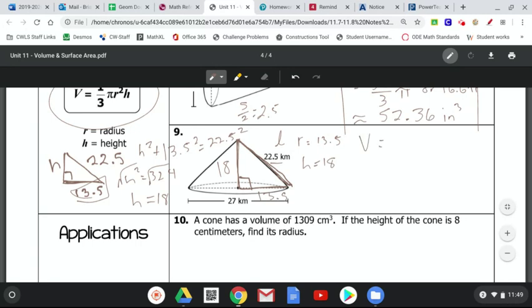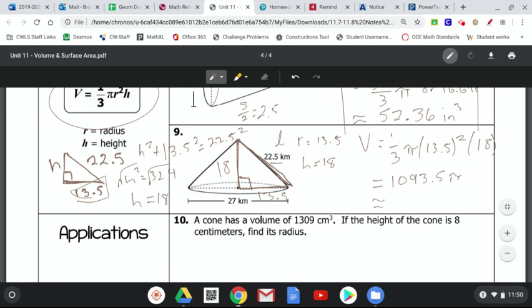Plug in our volume formula, which is 1/3 pi times our radius, 13.5 squared, times our height, 18. When you do that, do the 13.5 squared first, multiply by 18, divide by 3. It's going to be 1093.5 pi. I left that as a decimal because it's not a repeating decimal.